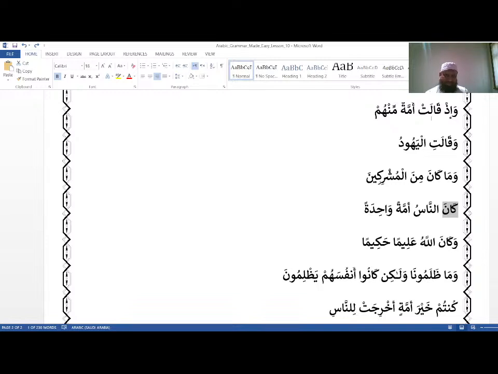Instead, it has an ism. The waw is the ism of kana. For other verbs, it will be the fa'il. Anfusahum is having a fatha, halatul nasb, the khabar of kana. Walakin kanu anfusahum yazlimun, but they were doing wrong to themselves.